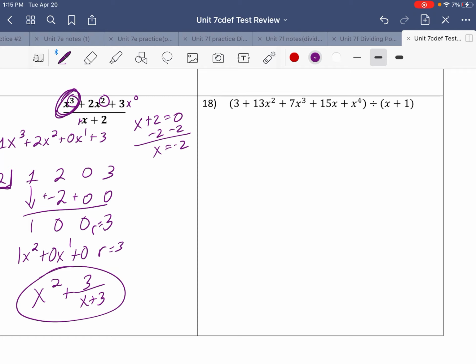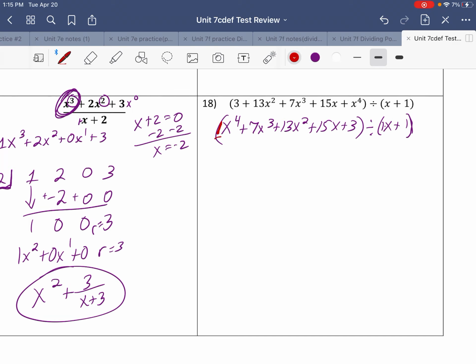All right, next. Oh my goodness, what is this mess? I'm going to rewrite the polynomial in standard form. Who would do something like that? Again, the coefficient is 1, so I'm going to go for synthetic division.